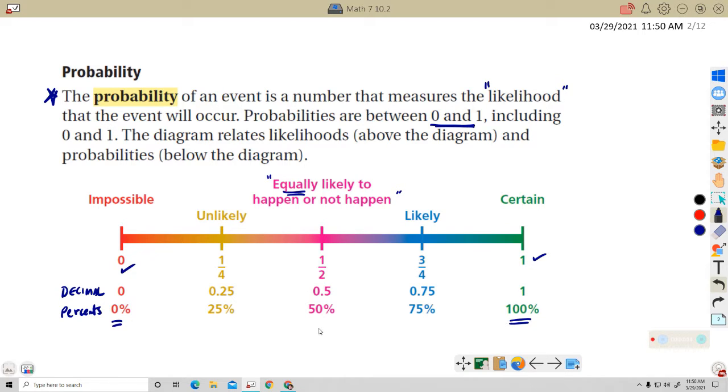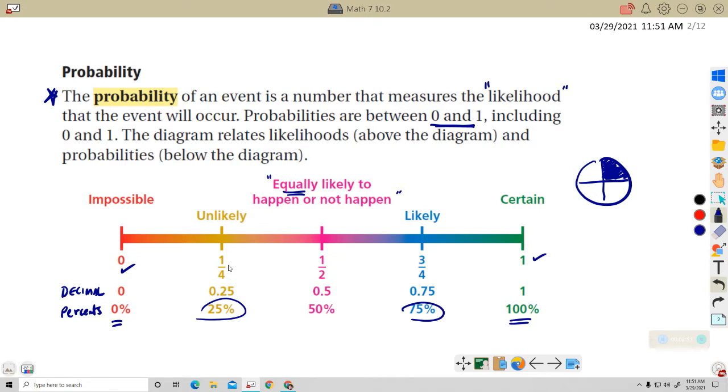on heads or tails. Now, the ones that are kind of in between, unlikely and likely, they're using a 75% of it happening and a 25% of it not happening. So without getting into too many details here, let's say we had a spinner, and one of them was blue, and I could say, if I spin the spinner, what's the likelihood it's going to land on blue?